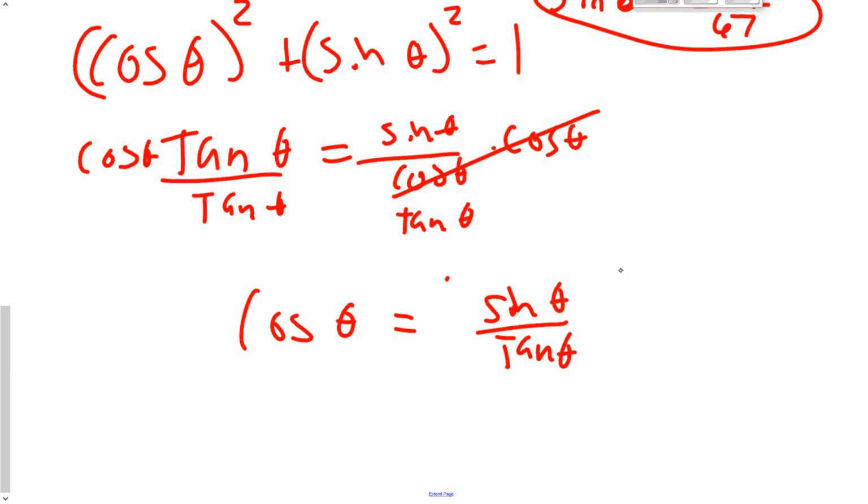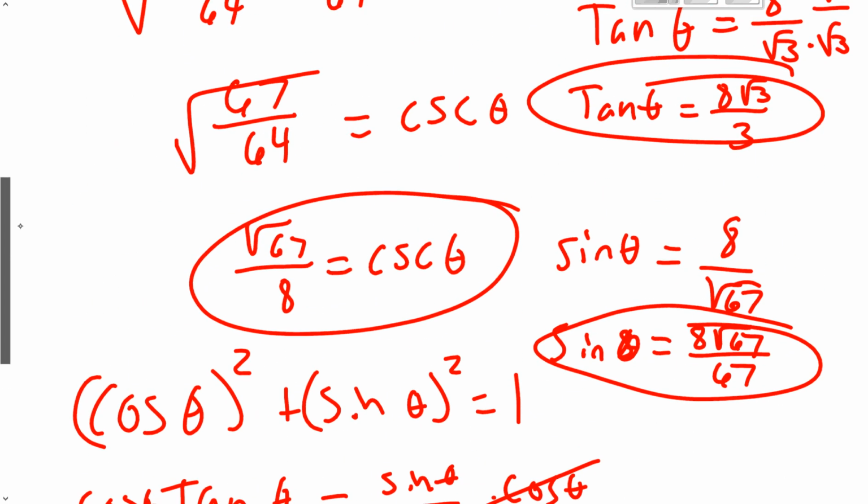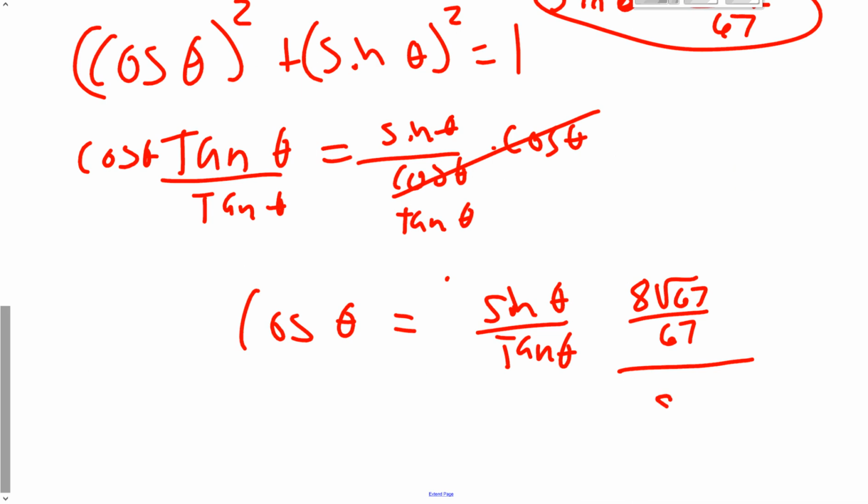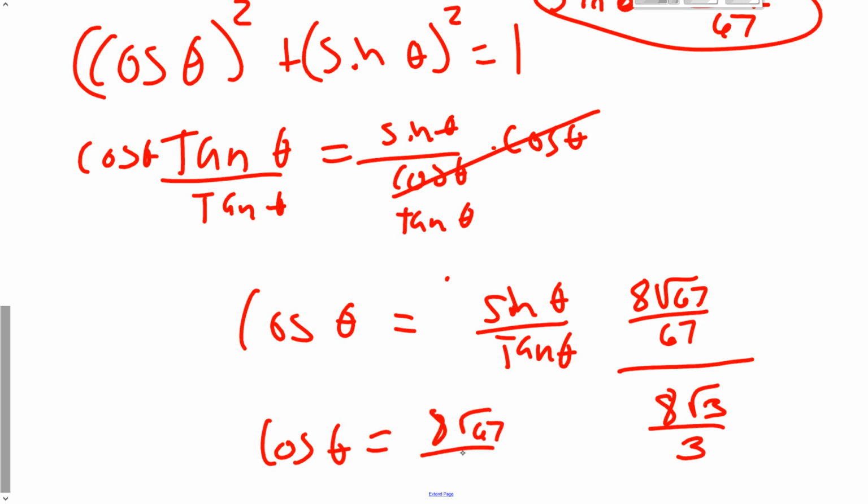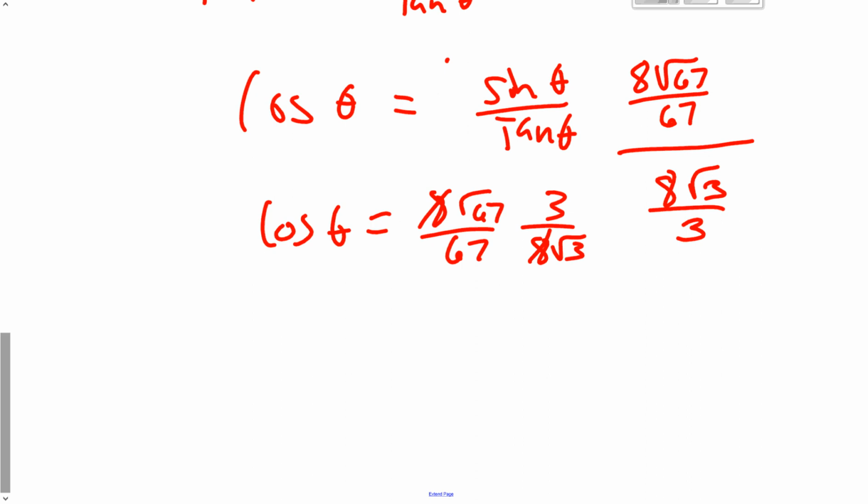So our sine of theta is 8√67 over 67. We're going to divide that by our tan, which is 8 root 3 over 3. So we're going to flip that bottom one. So 8 root 67 over 67 times 3 over 8 root 3. These are going to cancel.